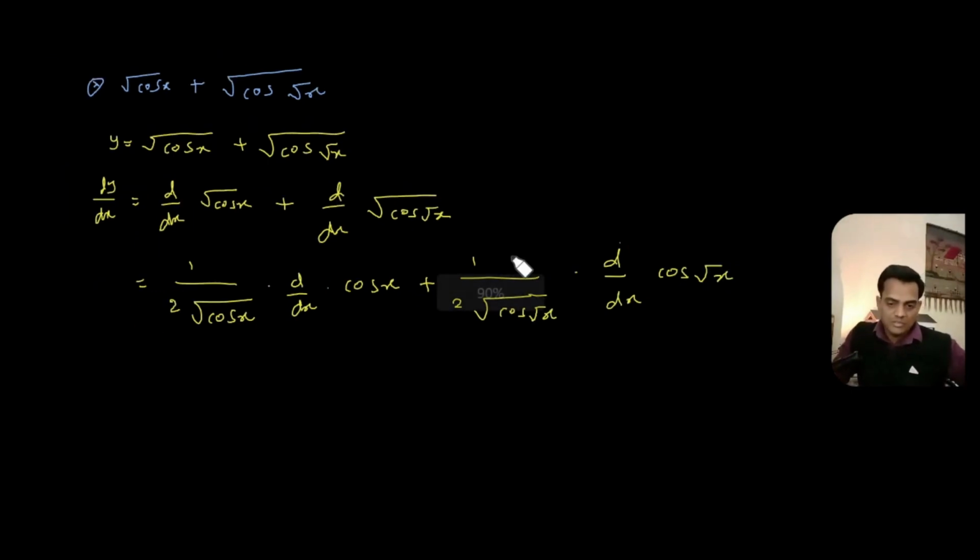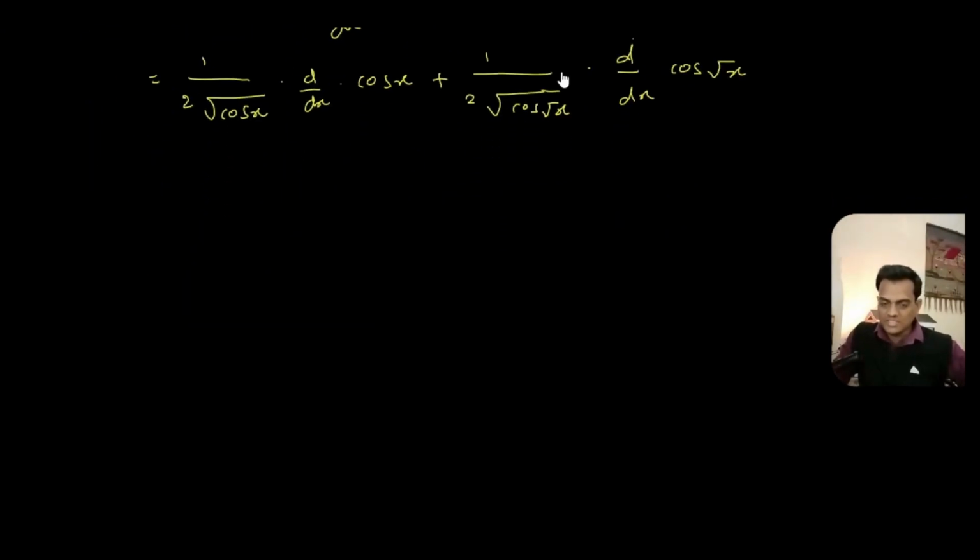Okay, so now we have to just solve this particular. So it is equal to 1 upon 2 square root of cos x. The derivative of cos is minus sine x.